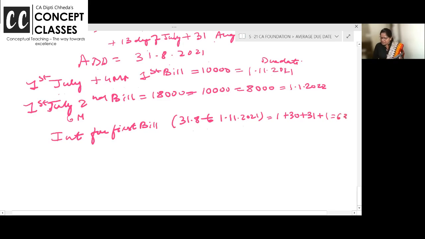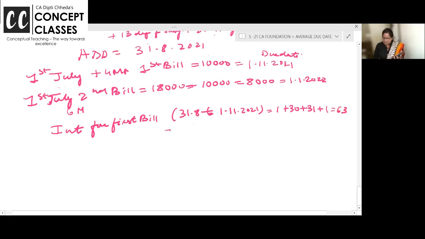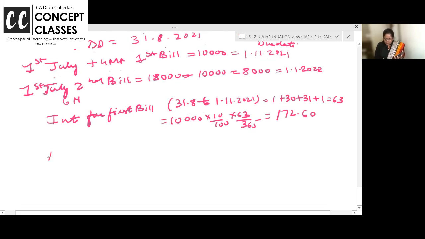So 63 days of interest on the first bill. 10,000 into 10% into 63. I'm telling you, don't write. I'll give you time to write. 10,000 into 10% into 63 divided by 365. Your interest is 172.60.